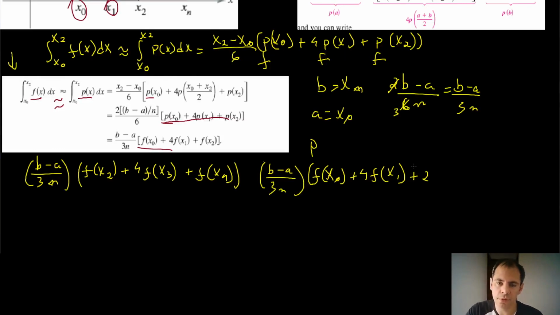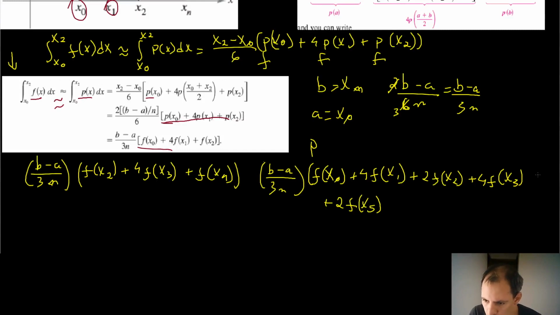because if you're just going to keep going, you don't end with a 4, you don't end with a 1. It's 2f of x2 plus 4f of x3 plus 2f of x4. Okay, so 0, 1, 2, 3, 4. 1, 4, 2, 4, 2.